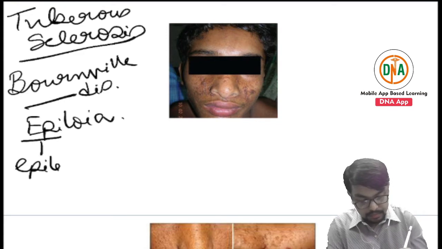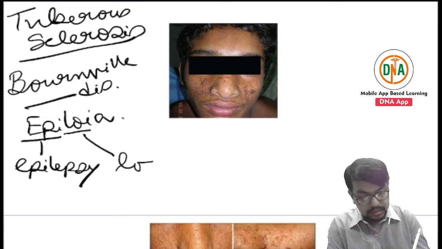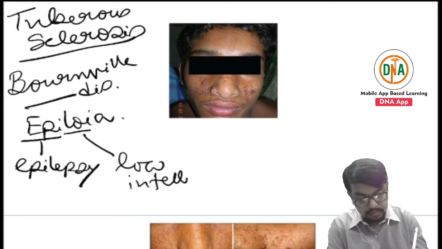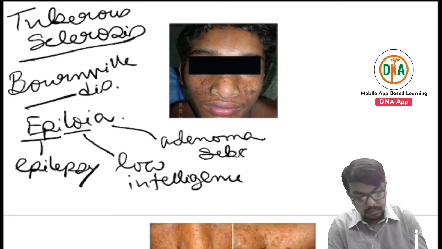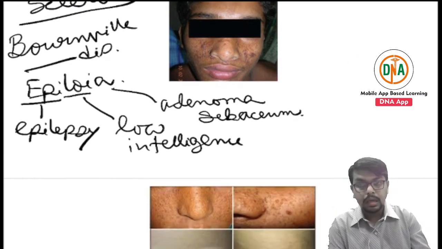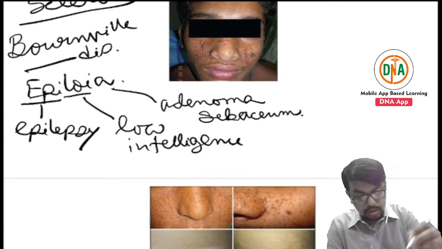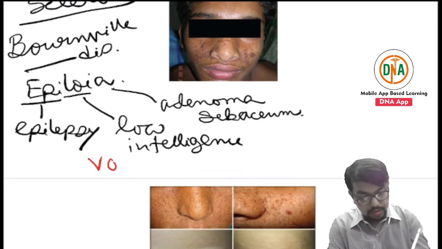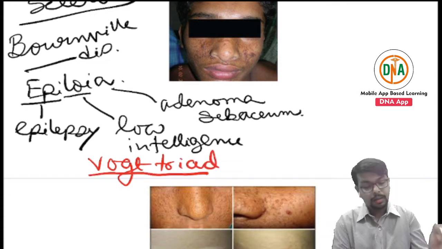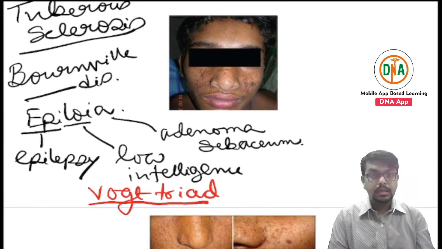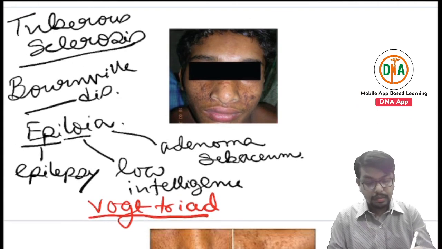Epilepsy, low intelligence, and adenoma sebaceum. They are together called Vogt triad. So this is a picture of adenoma sebaceum.